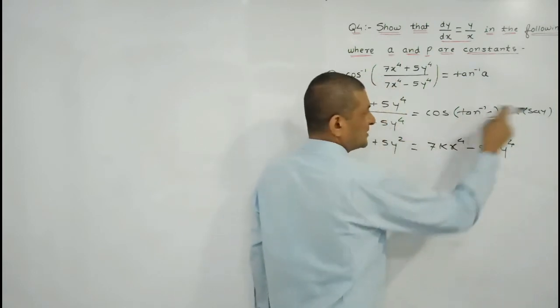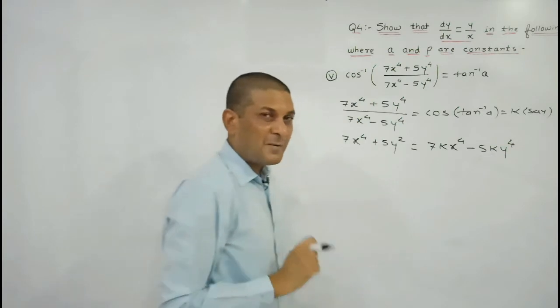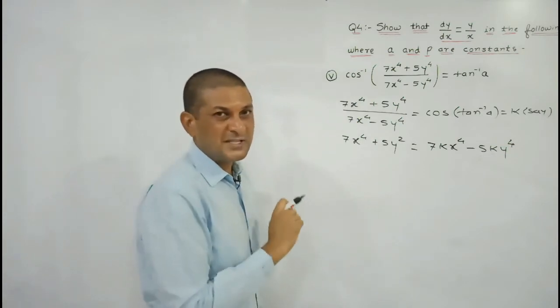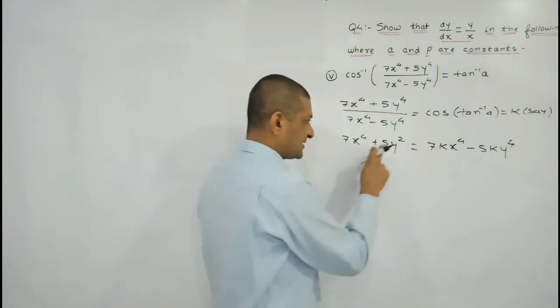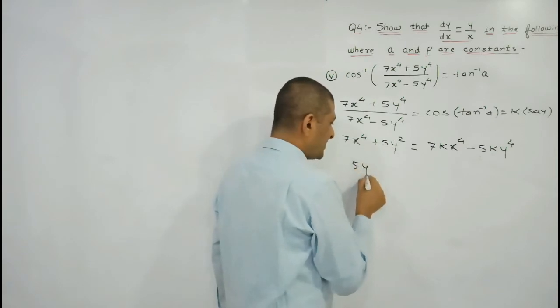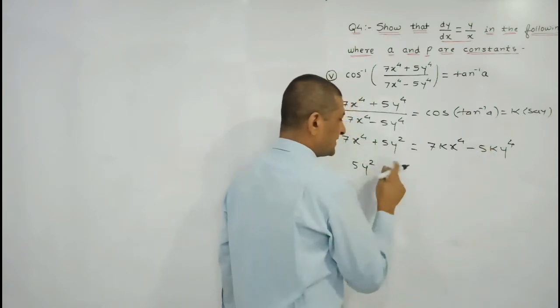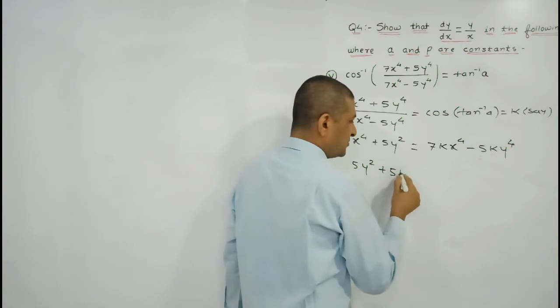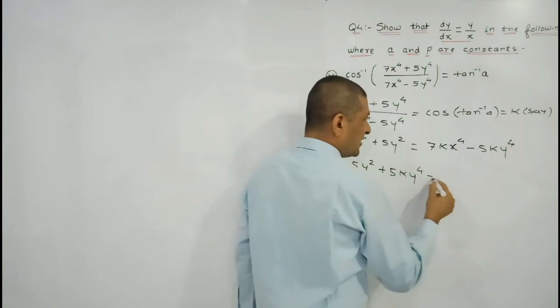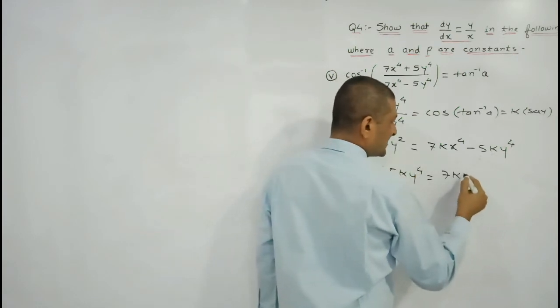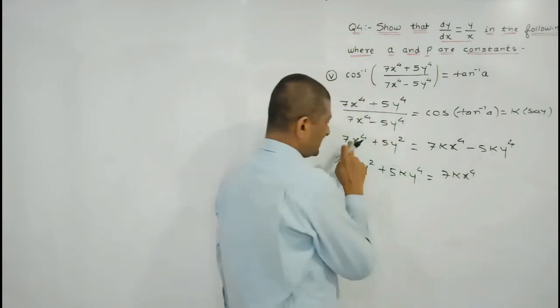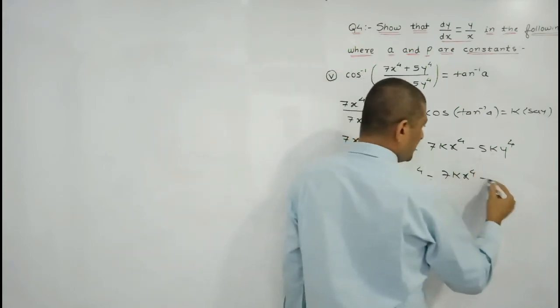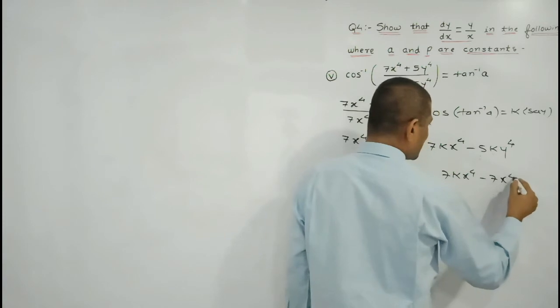Just this term will get multiplied with k. Now I am collecting the terms of x on one side and y on another side. So 5y raised to power 4, keep it as it is. This minus term on this side will become plus 5k y raised to power 4. On this side 7k x raised to power 4, keep it as it is, and this plus 7x raised to power 4 on this side will become minus 7x raised to power 4.